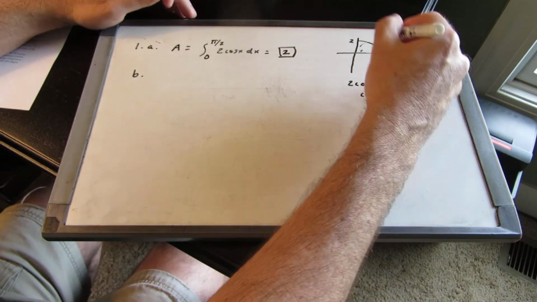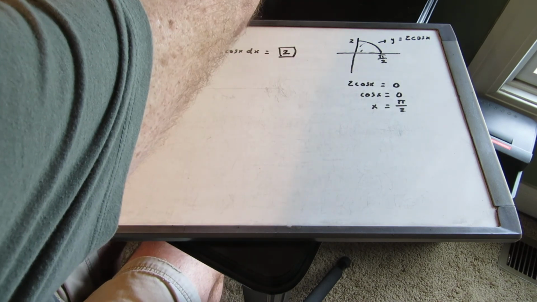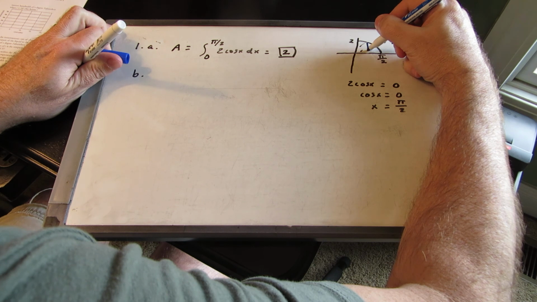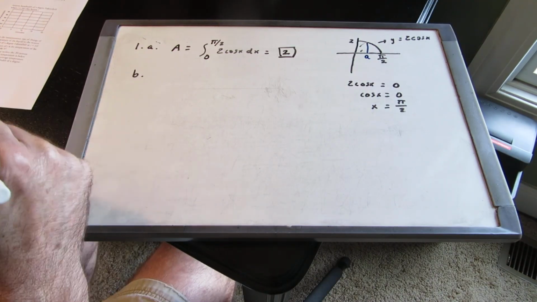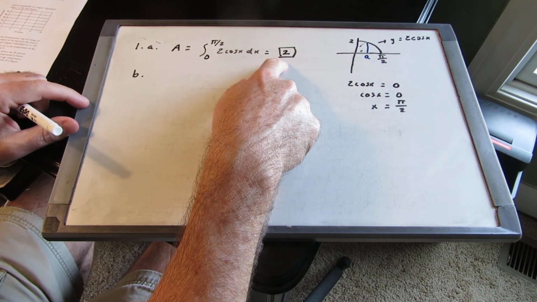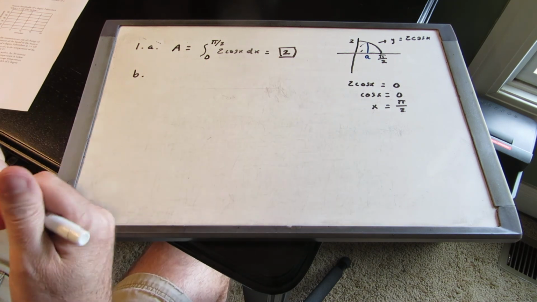We've got that area there, and we have a line here that divides it into 2 regions of equal area. So at point a, well, if the area of the whole thing is 2, then the area of half of that, 2 equal areas, is just going to be 1.